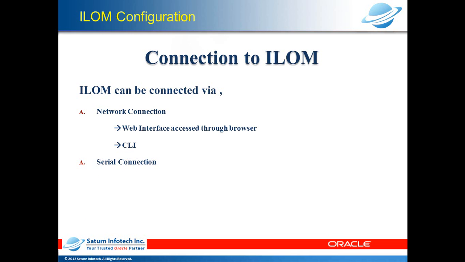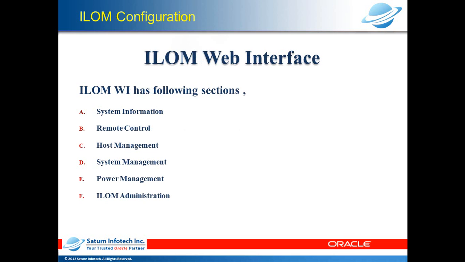which gives you a very nice way to browse ILOM and see various activities of the OEM. Another way, you can connect through the command line interface, and the next is serial connection. The ILOM web interface has the following sections.